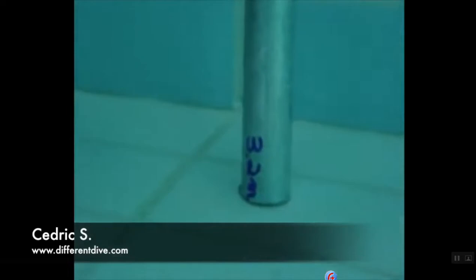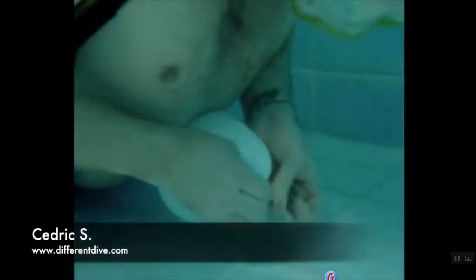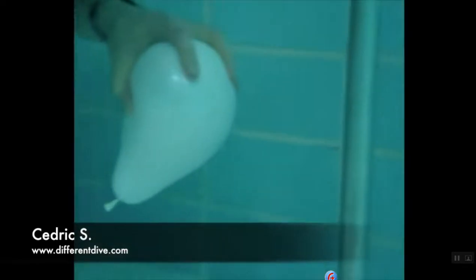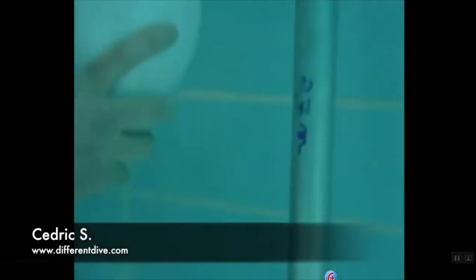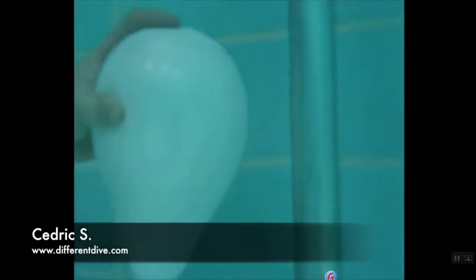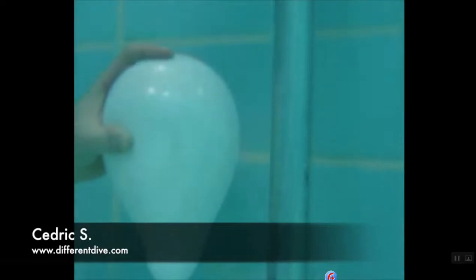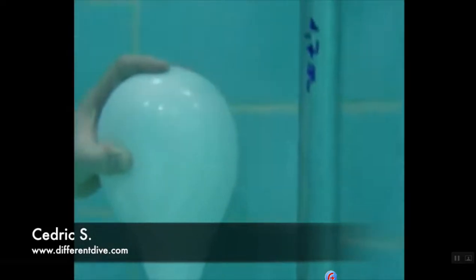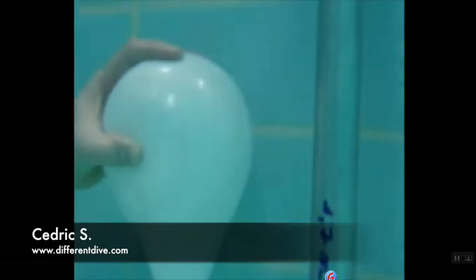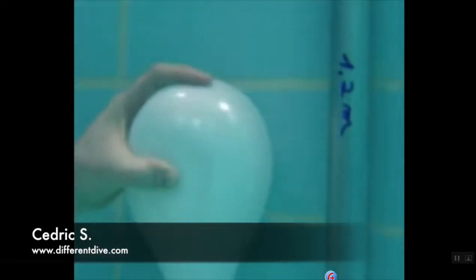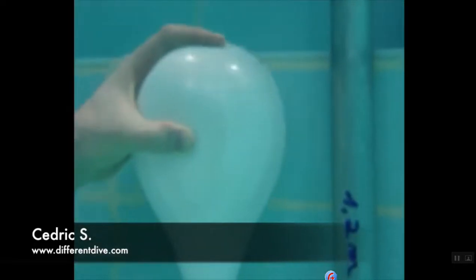So this is at 3.2 meters, and he's got a tiny balloon there. Now he's going to go higher up, showing us the head. Tighter and tighter, and if it can't expand anymore, it will burst.